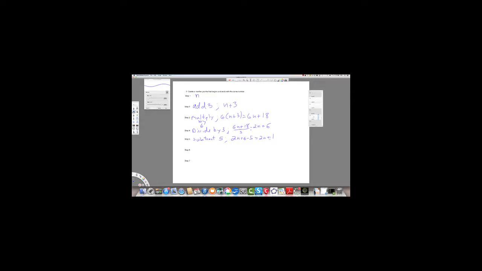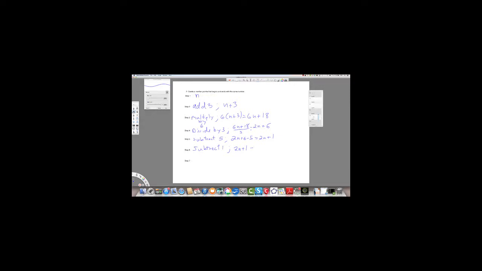Okay, and I got to get that 1 out, right? Subtract 1. And you can see that what I'm doing here is kind of interfering with a little bit of the knowledge about just what's going on with this. Subtract 1. So 2n plus 1 minus 1 is equal to 2n.